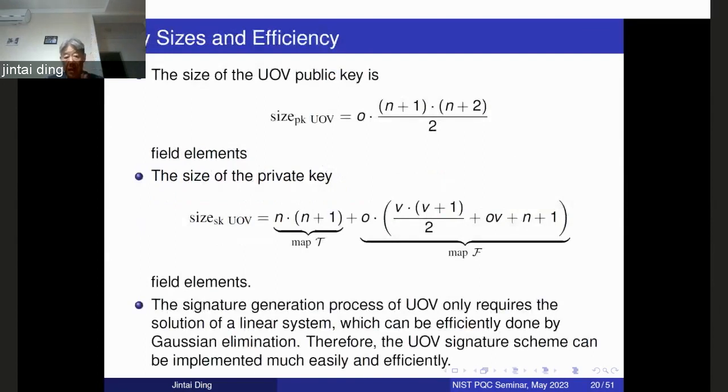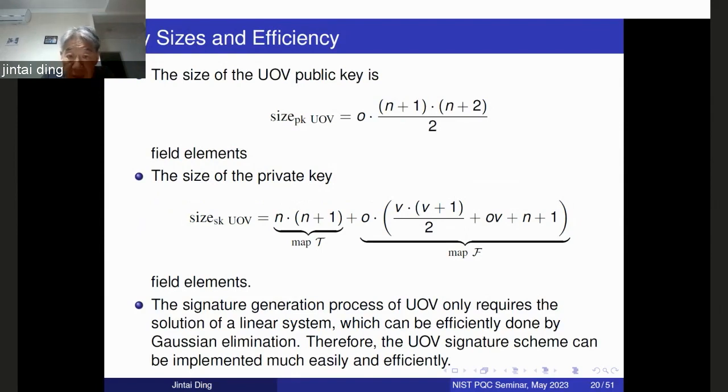Okay, now I would like to mention a little bit about key size. From the description itself, you can see that computation-wise it is pretty efficient, because solving a linear system is fast, and evaluating quadratic polynomials at a point is very fast. Let's look at the key size. The size of a UOV public key is given by o times (n+1) times (o+2) over 2, where o is the number of polynomials and n is the number of variables.